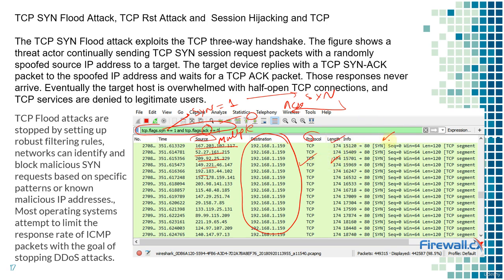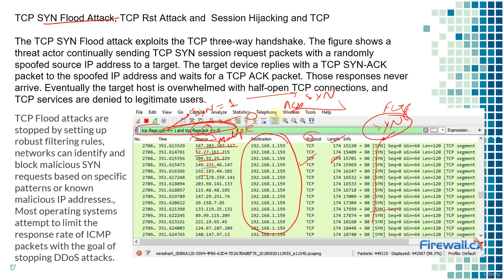And you can see what kind of flag it is: SYN. It is sending SYN, but we are not getting acknowledgement back. This is a clear indication that Wireshark is showing us that this is a TCP SYN flood attack.